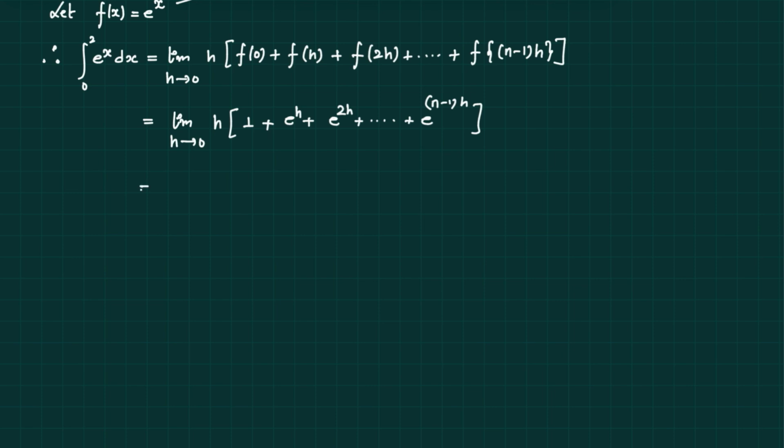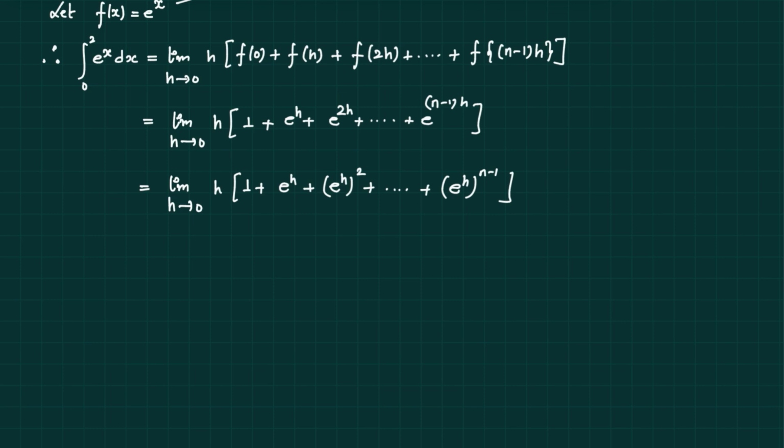So it equals the limit h tends to 0 of h into 1 plus e to the power h plus e to the power 2h, which can be written as (e to the power h) square, plus similarly the last term can be written as (e to the power h) whole to the power n minus 1.